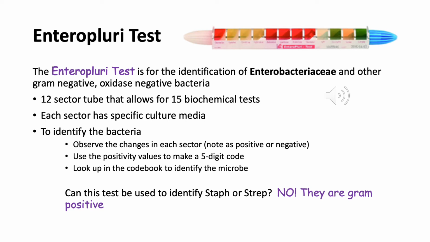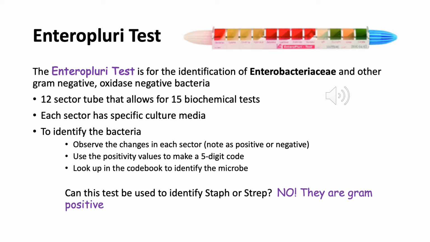So each of those sectors has a specific culture media, and to identify the bacteria, you will observe the changes in each sector and note it as either a positive or a negative. And then you use the positivity values that you read from the test to make this 5-digit code that you will then look up in a code book to identify the microbe.